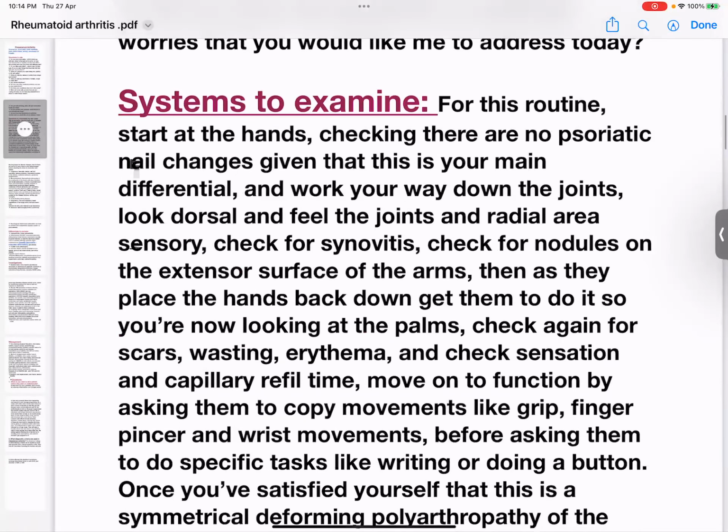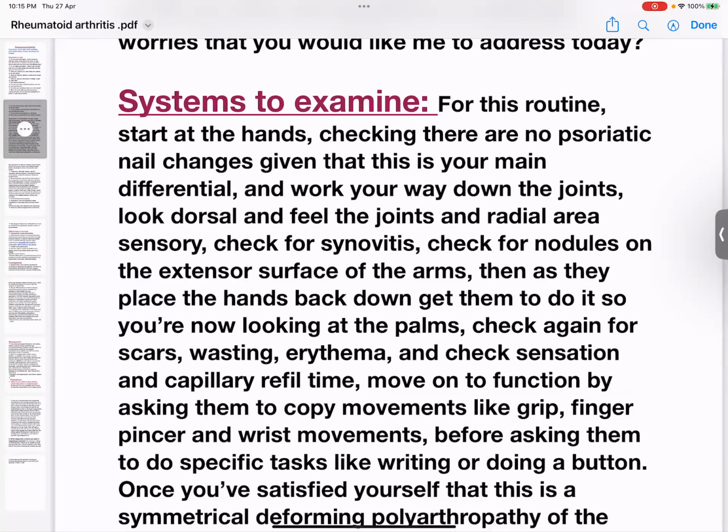Systems to examine. For the routine, start at the hands. For the general examination, inspect for any skin rash and psoriatic nail changes. Look at the joints, the dorsum of the hands, feel the joints and radial area, look for synovitis and fluctuation.